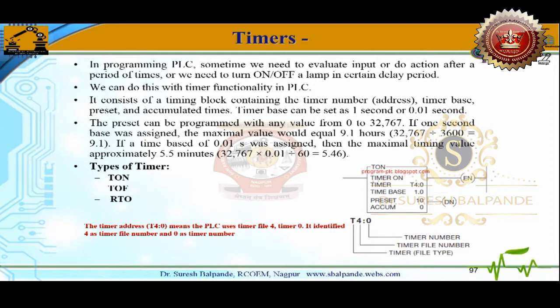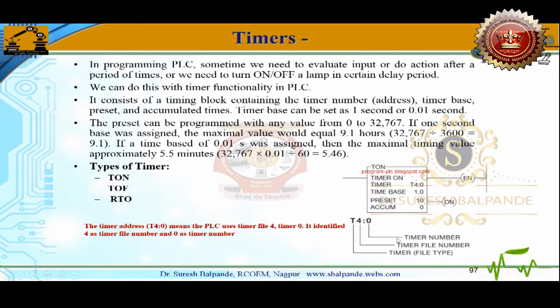Now we'll try to understand the various inputs and outputs. All three timers have one input terminal, then one output terminal EN, another output terminal DN for done, and one more bit which is not shown here, that is the TT bit, the timer timing bit. So there are three outputs: TT, enable, and done, that is DN. This is the address, that is T4:0.